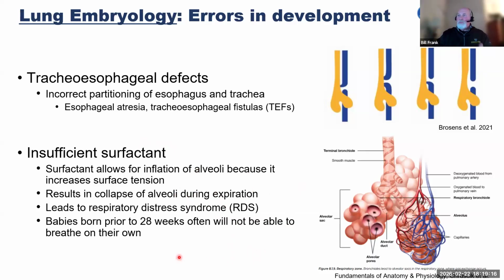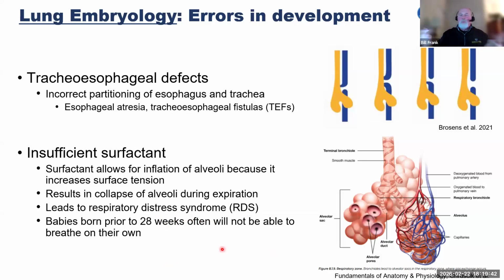Babies born prior to 28 weeks will often not be able to breathe on their own because they do not have sufficient surfactant to keep the alveoli from collapsing. So artificial surfactant can be administered and must be done so within 15 to 30 minutes to 2 hours of life in order to allow for oxygen exchange to occur.